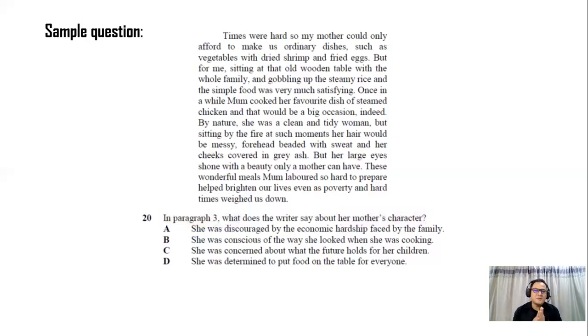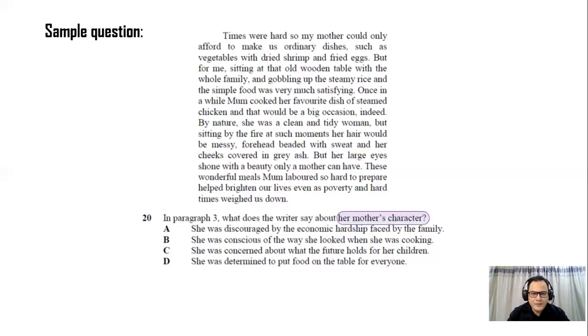Now let's look at the options given. So we have A, she was discouraged by the economic hardship faced by the family. B, she was conscious of the way she looked when she was cooking. C, she was concerned about what the future holds for her children. And D, she was determined to put food on the table for everyone.